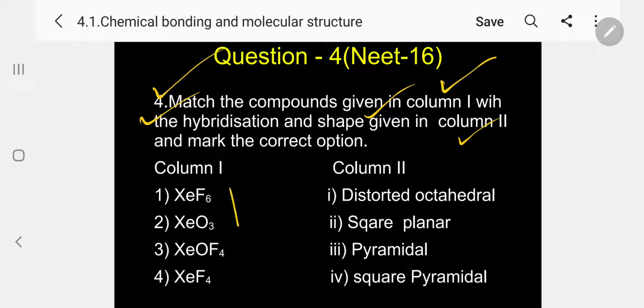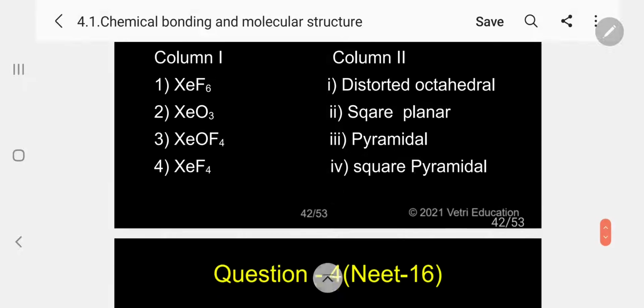In column 2, hybridization is given, and shape is given. Mark the correct option. See how these are very difficult questions, but you can do it very easily with my method. The second method is very easy, you can follow. Kindly follow, xenon.